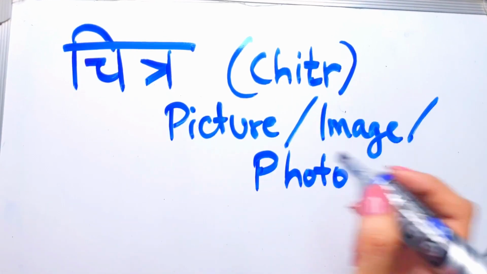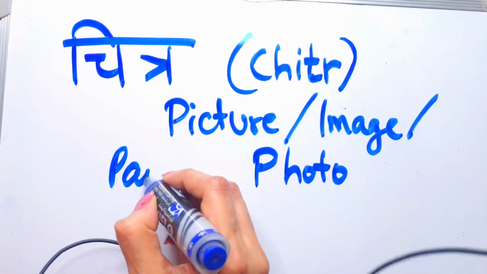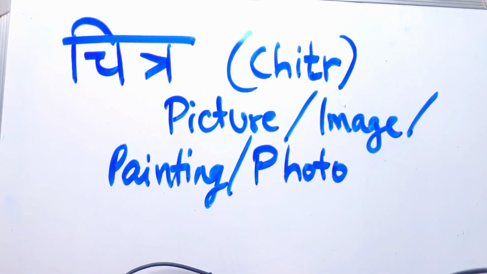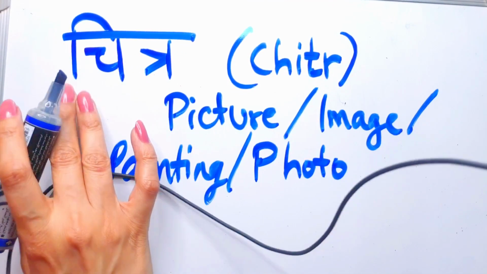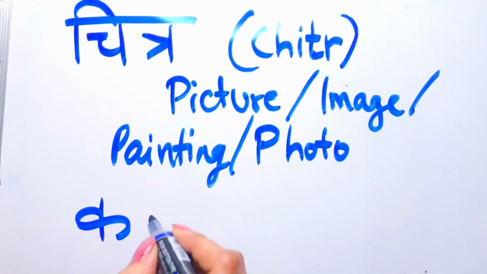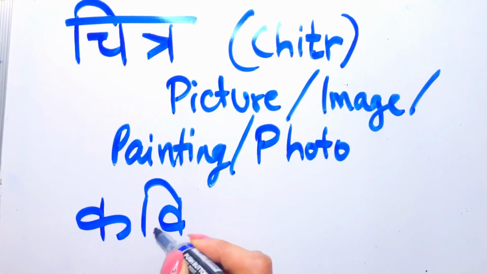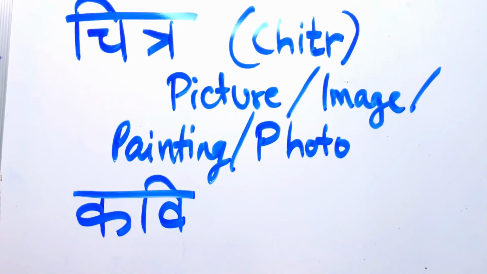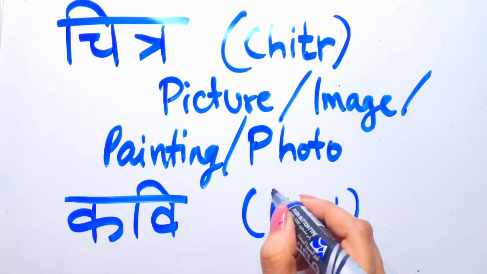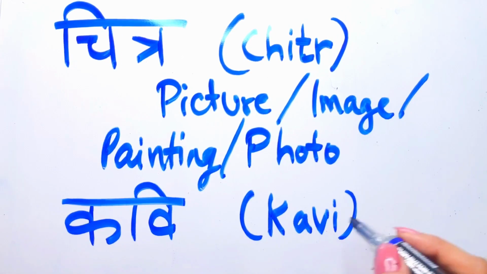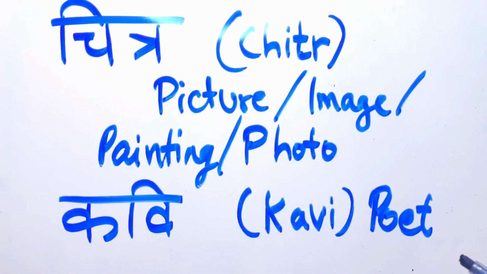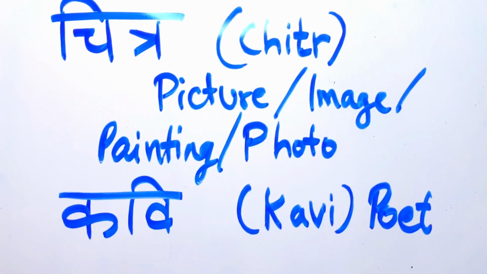It could also mean a painting. Okay? Chitra. Then our next word is kavi. Kavi, which means a poet. Chitra, kavi.